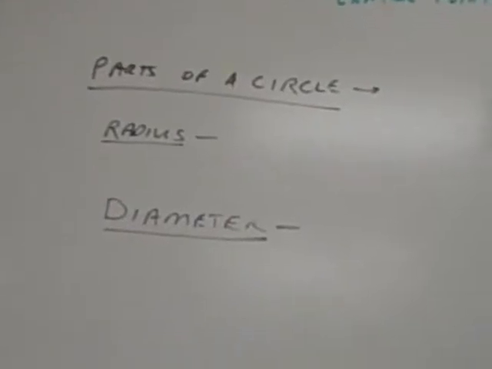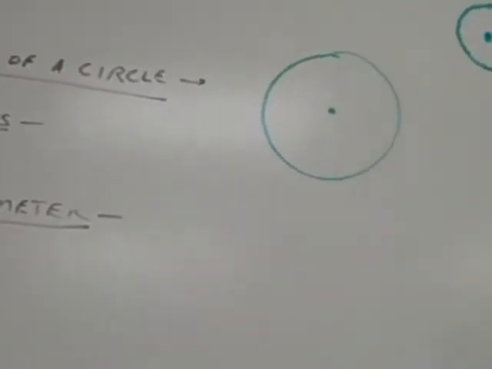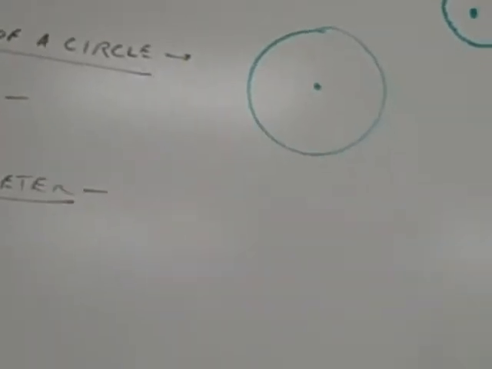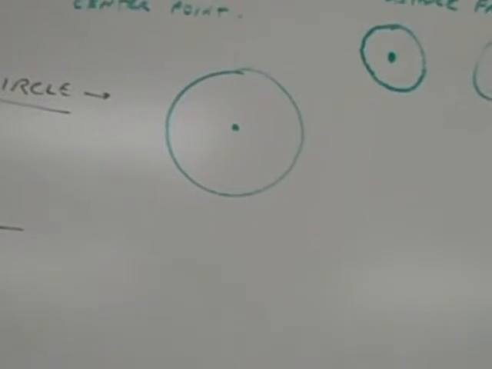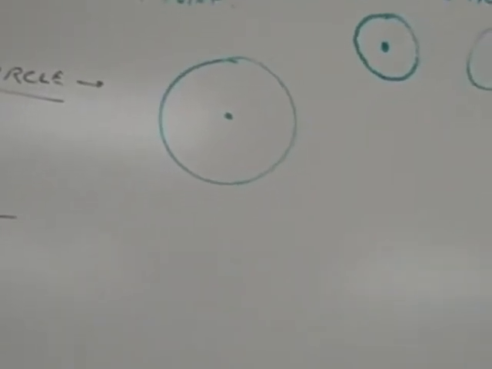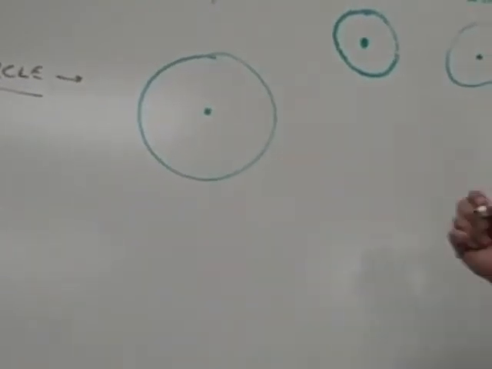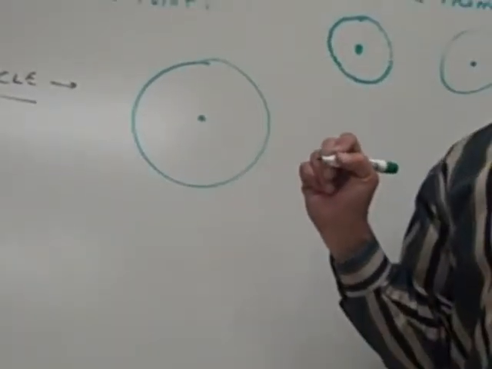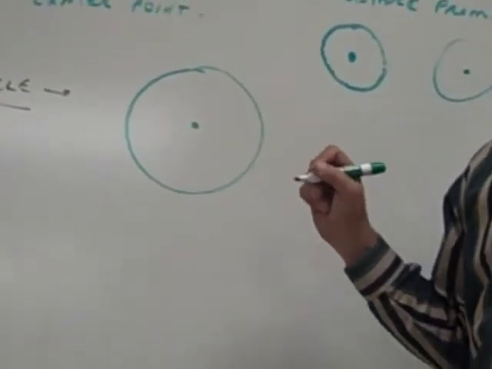Parts of a circle. Let's draw one. Ooh, that's a pretty good one, freehand. Parts of a circle. First one is a radius. How do we define what a radius is? Some of you know. I can go to the back row, Parker.